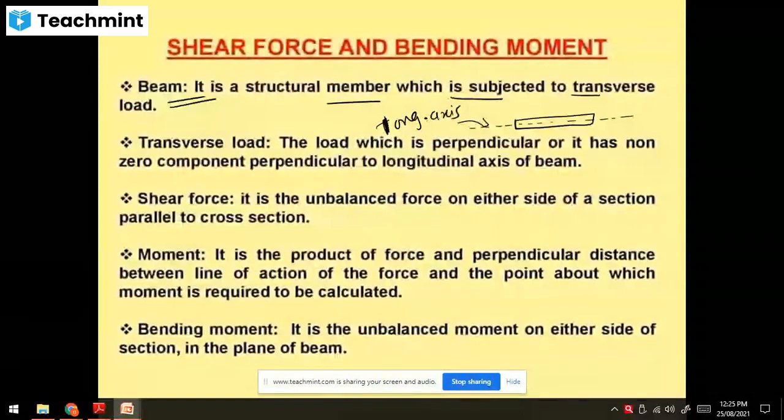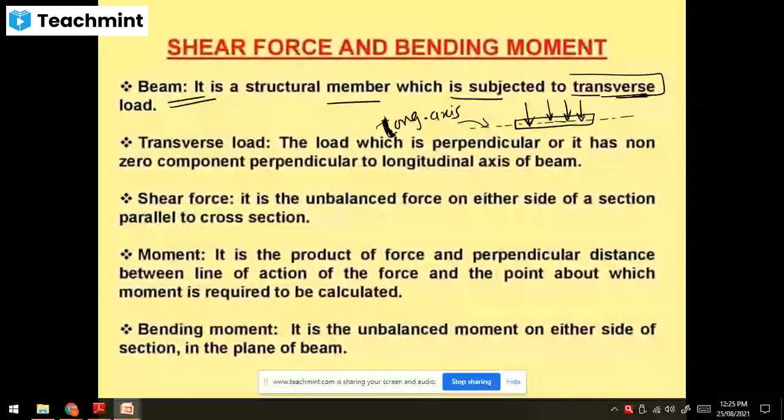The load which is perpendicular to this axis is called a transverse load. The load which is perpendicular to the longitudinal axis of the beam is called a transverse load.